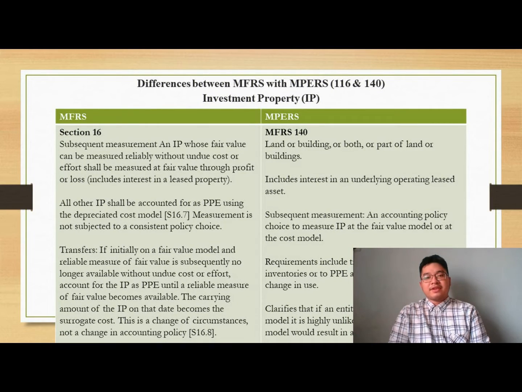Differences between MFRS and MPERS 116 and 140. PPE. MPERS Section 17 applies a component approach to separately recognize and account for each significant part of an item of PPE. Initial measurement is at cost.